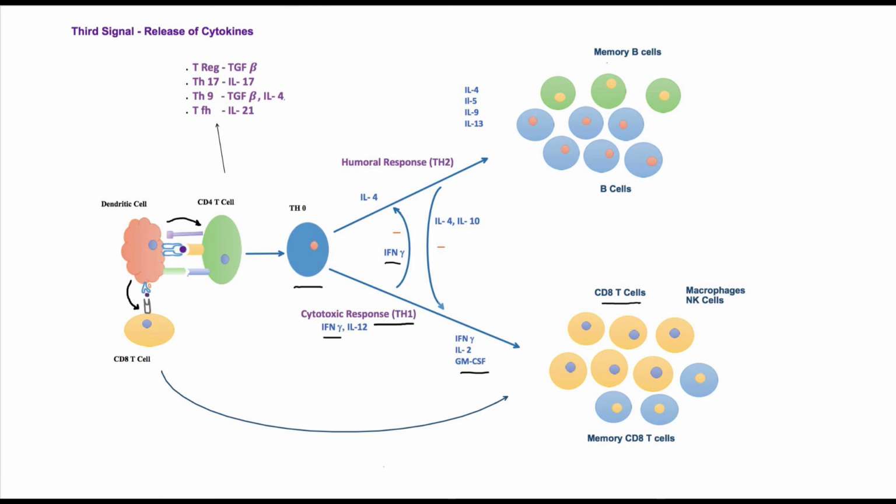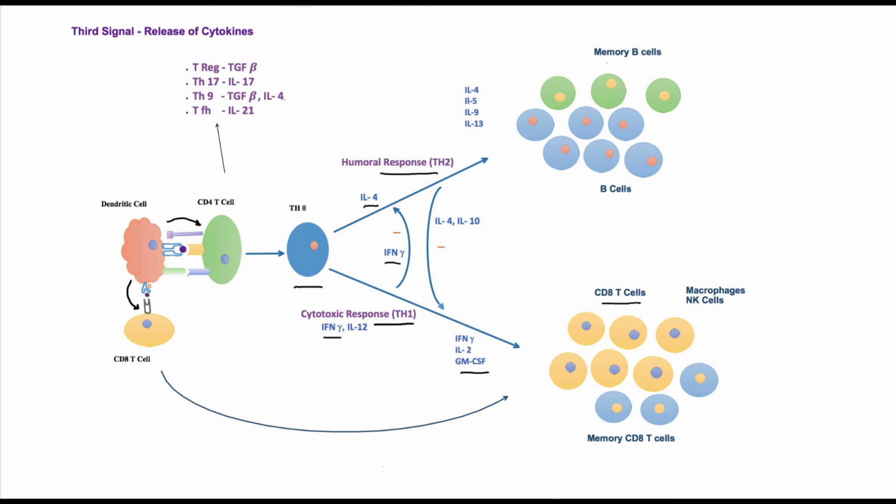Now suppose the infectious agent is an extracellular pathogen. Then the main response will be the Th2 response or humoral response, also called the antibody-mediated response. In this situation, interleukin IL-4 will convert T helper cells to Th2 cells.